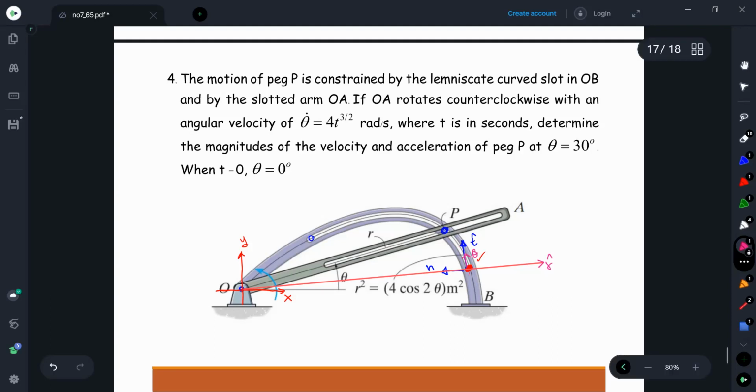And if we consider point P at this point, the tangent of the path is maybe here. I draw the tangent. Okay, and normal is maybe here. Okay, but for r, we represent from this point.